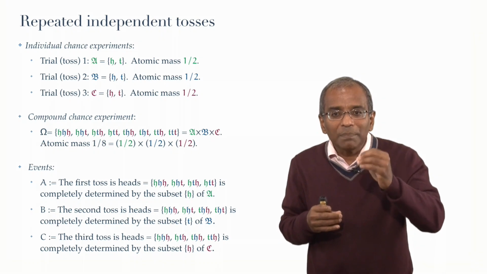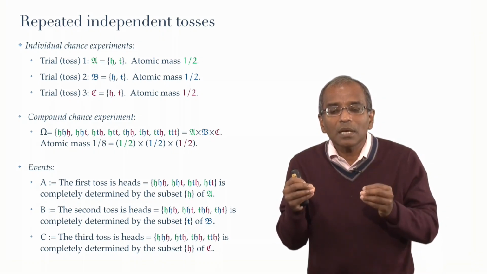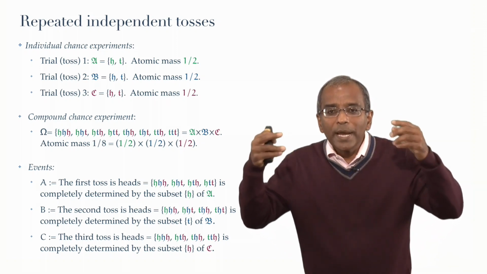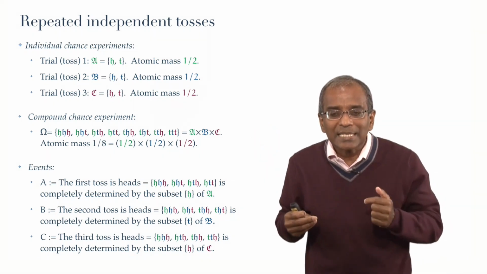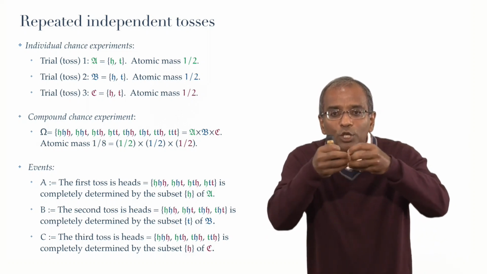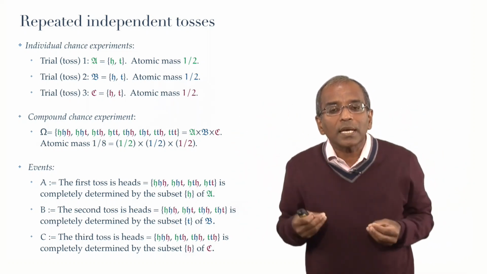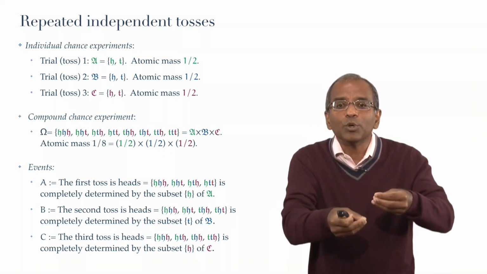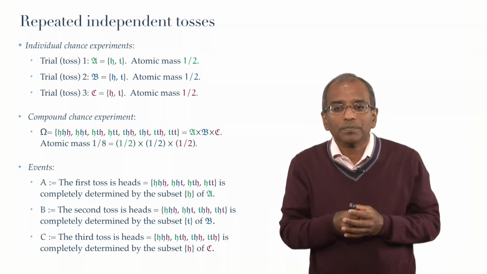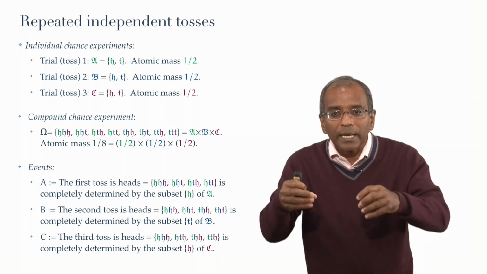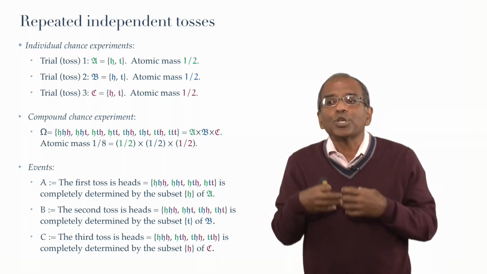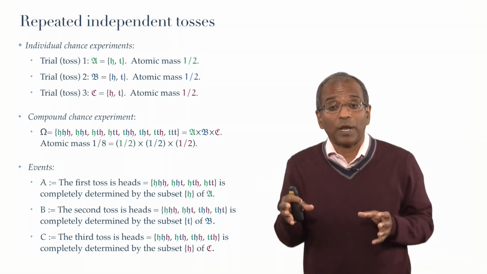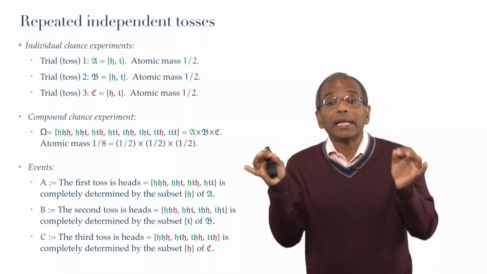The events A, B, and C are determined by individual trials, which are repeated and independent in the sense that the product measure for the conjoined or the composite compound experiment is obtained by a product of individual mass functions. Let us immediately take this understanding and put it to good use in an abstract framework. Let us begin with the simplest of these frameworks, where we have 2 independent trials.